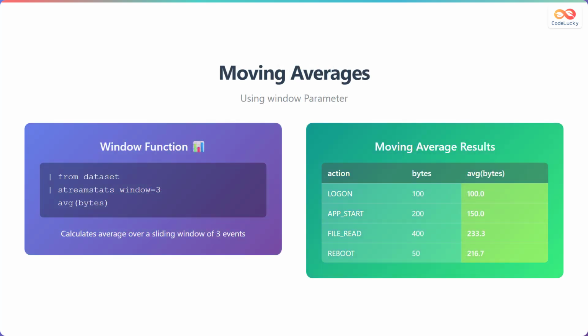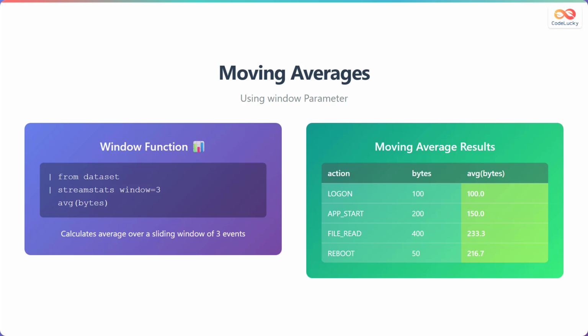Moving averages are calculated using the window parameter with the average function. When you specify window equals 3, streamstats calculates the average over a sliding window of the last 3 events. For the first event, since there are no previous events, the average equals the single value of 100. The second event calculates the average of the first 2 events, giving us 150.